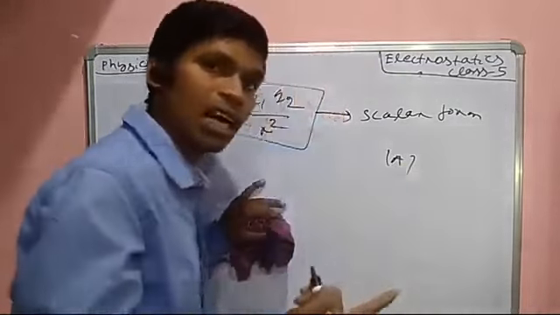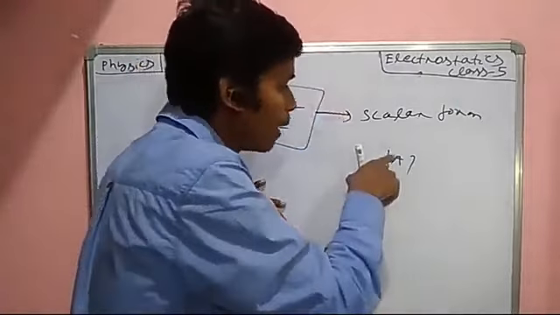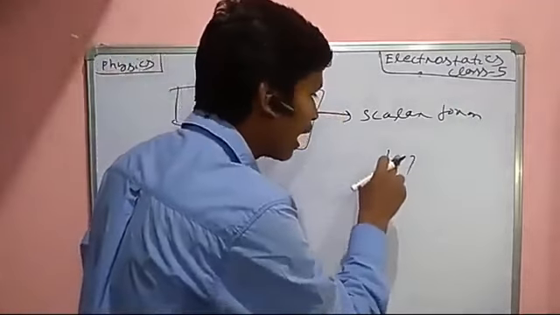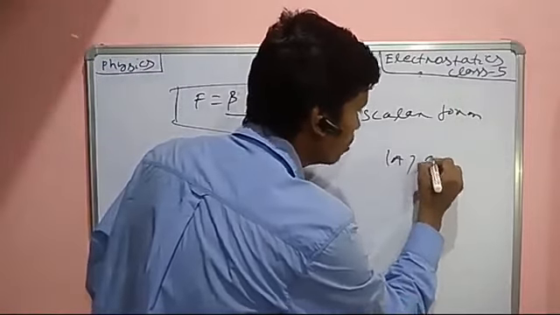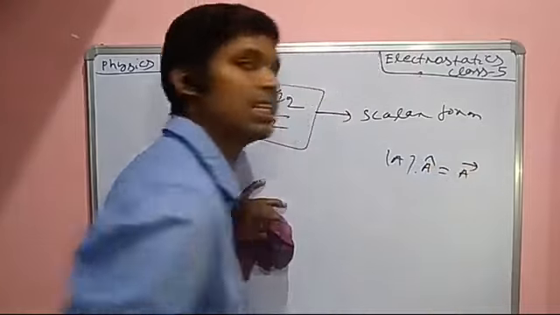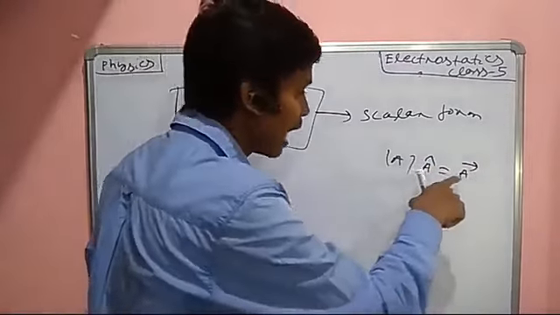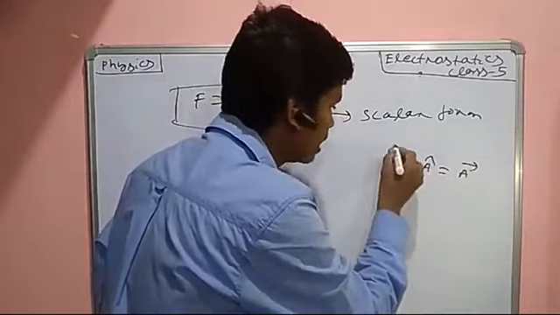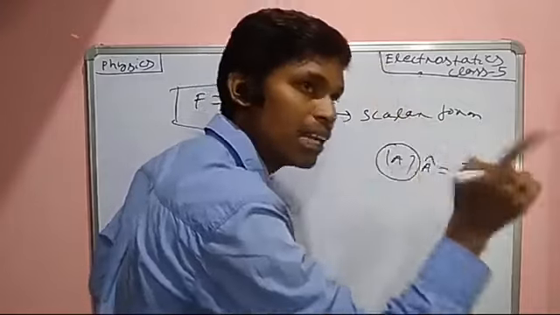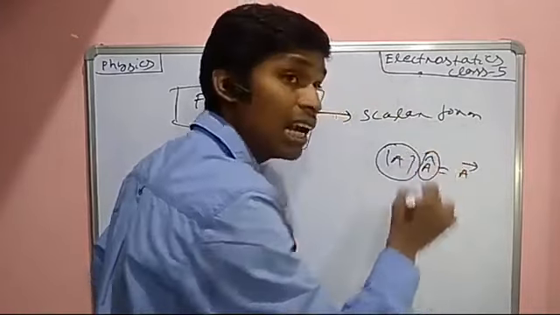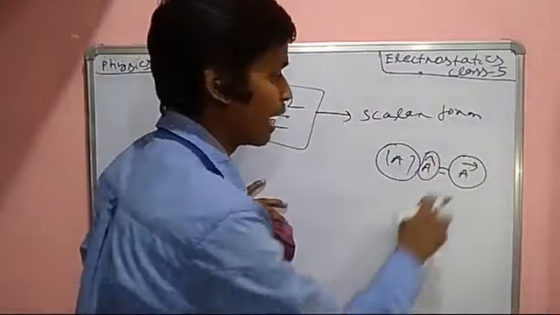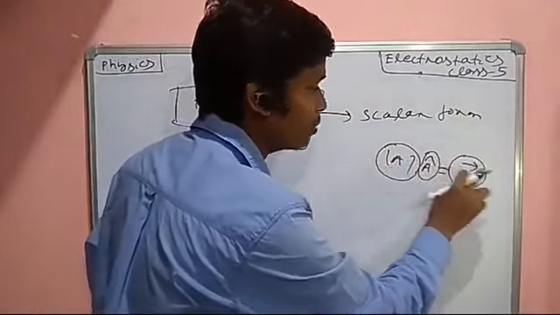Whenever A magnitude is multiplied by a unit vector, A vector is produced. That means A vector is produced by both magnitude and unit vector. Magnitude suggests only the size, the unit vector suggests only direction, so A vector is equal to A magnitude times A unit vector.